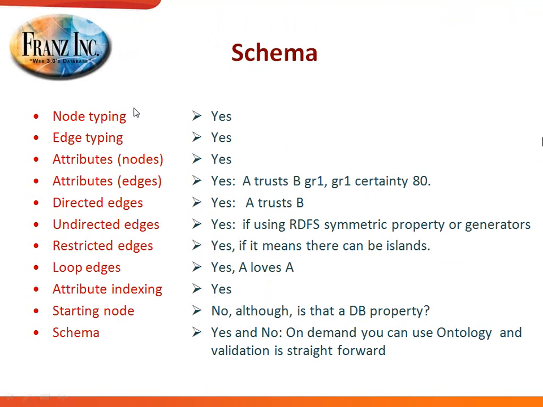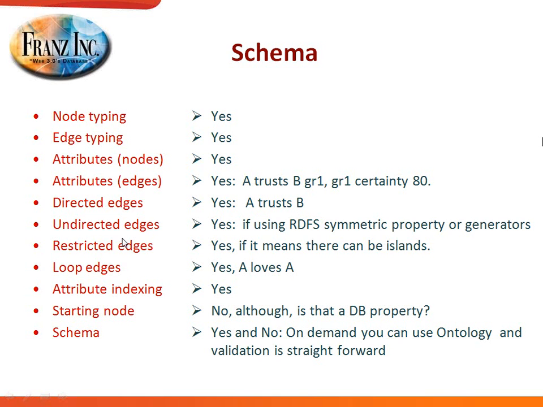And so the first thing is, do we have a schema? And what kind of schema information do we have? Well, we do node typing. I saw with my little example a few seconds ago that I can do edge typing. I can add attributes to nodes and attributes to edges. RDF supports directed edges because I say A trusts B, or I can say B trusts A. I also can do undirected edges, although I would have to use something like a symmetric property, or I have to use generators. That's a technique I'll talk about later.